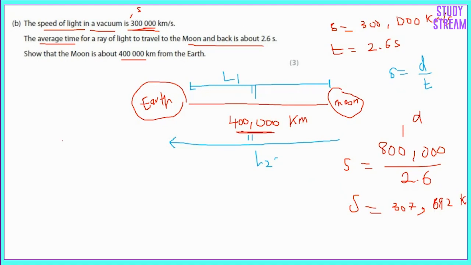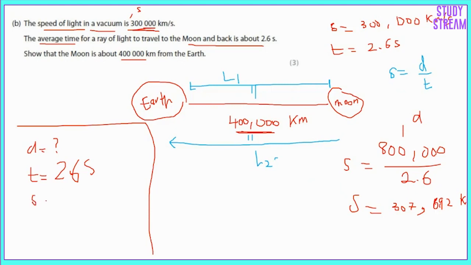I think another approach to solve this question would be, let's say you make the distance the unknown. You don't know the distance, and you know the time taken is 2.6 seconds, and then you can use the speed to find the distance. So if you multiply 300,000 kilometers per second and 2.6, you should get the distance.